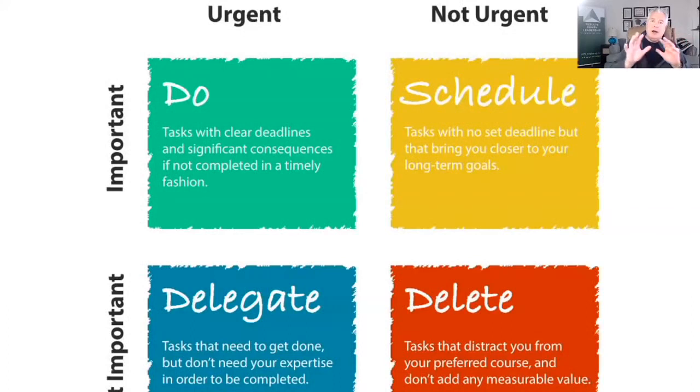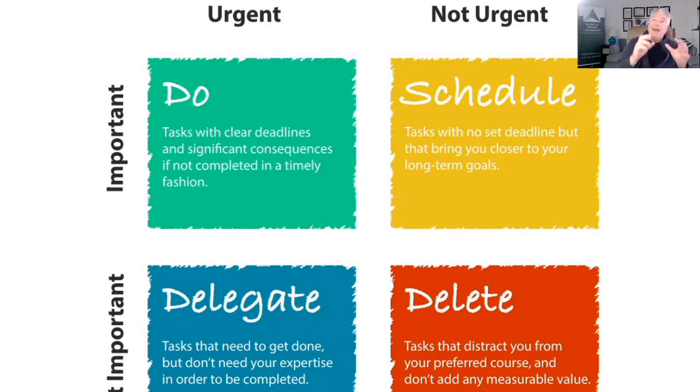Eisenhower essentially broke all the things he had to do into 4 separate quadrants, laid out as important and urgent, important but not urgent, not important but urgent, and not important, not urgent. So the 4 blocks are: important and urgent, things you have to do right now.